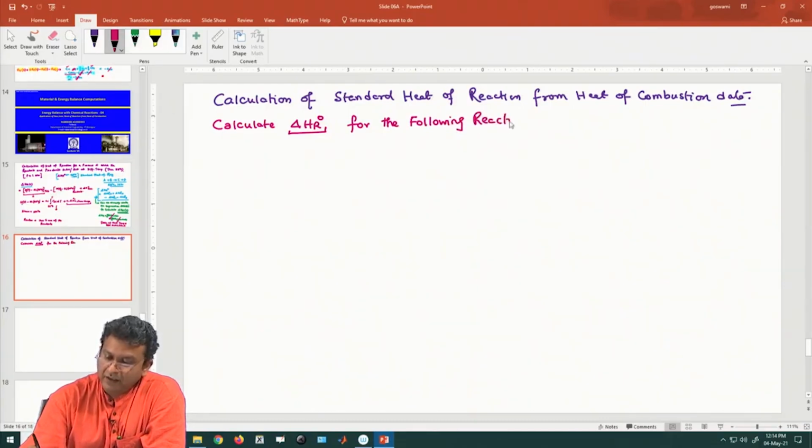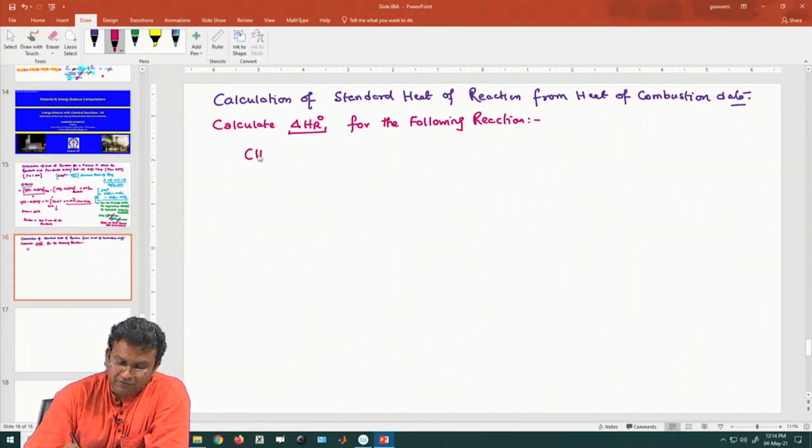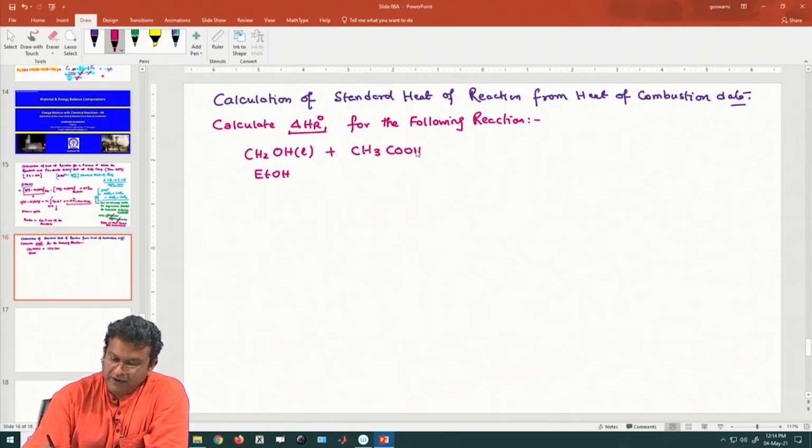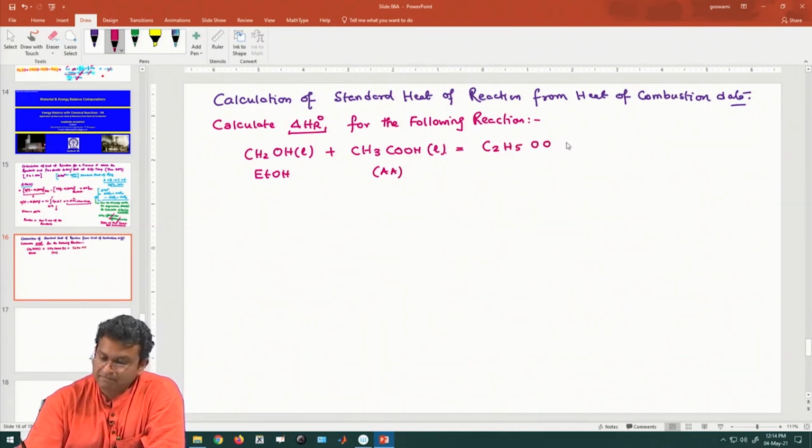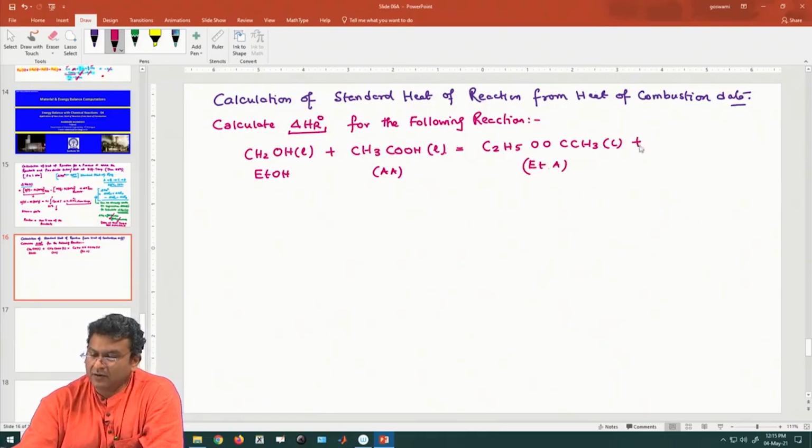And this is the beginning of some very interesting discussion. So, C2H5OH, ethyl alcohol, plus CH3COOH, this is acetic acid as you all know. So, this leads to ethyl acetate and water.